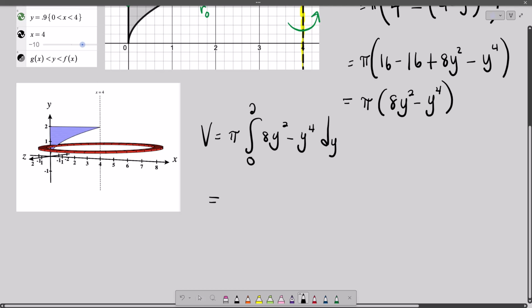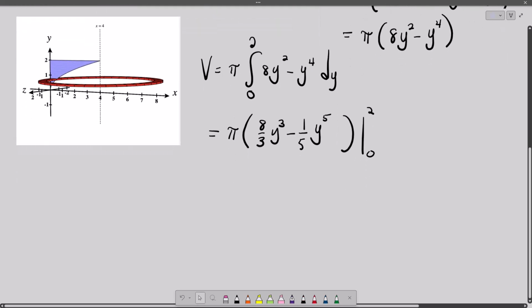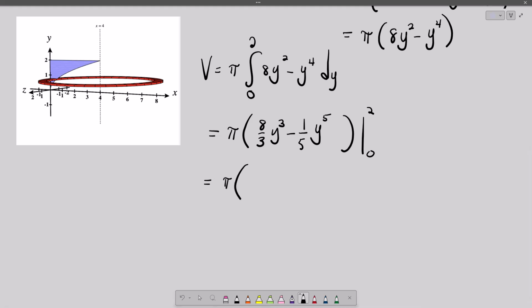We use our polynomial integration techniques. So we're going to have 8/3 y cubed minus y to the 5th over 5, or 1/5, however you want to write it, does not matter. 0 to 2. Plugging in the 2 is going to give us 8 times 8 is 64.